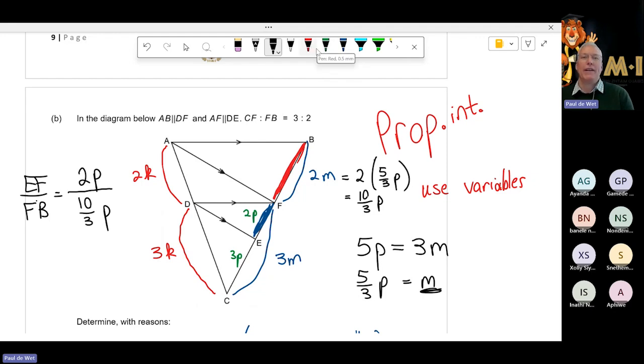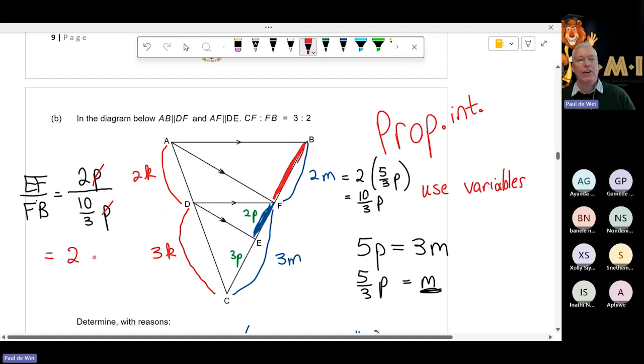Well done. It does equal 3 over 5 in the end because, guys, divide and divide. Now we're dividing fractions, hey? 2 divided by 10 over 3. Remember how we divide fractions? We tip and times. We get 2 times 3 over 10. We get 6 over 10. We get 3 over 5.